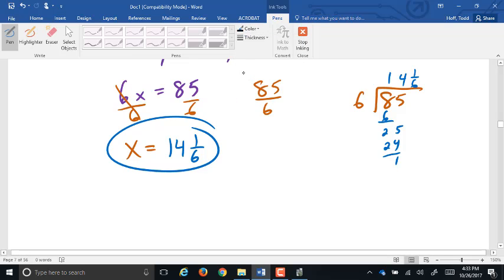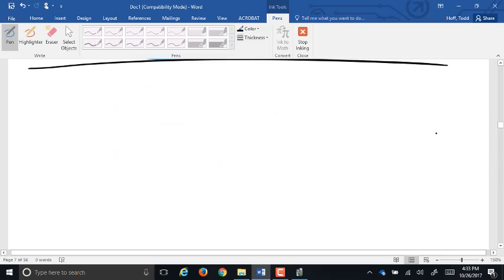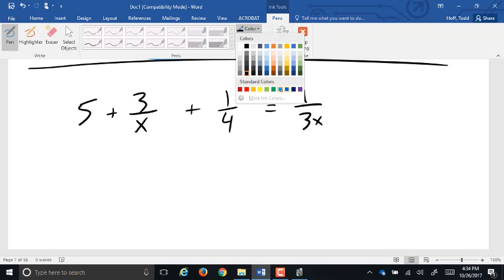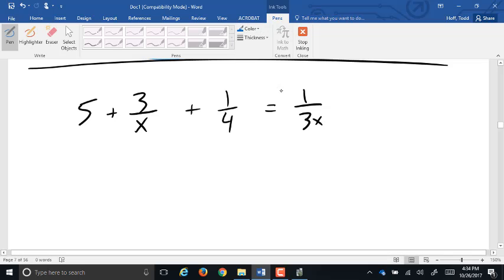Well, the reason I'm showing you that least common denominator method is because there are some equations where we have no choice. For example, an equation might look like this. Here, the variable, the x, is in the denominator.